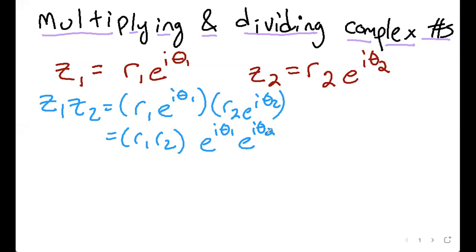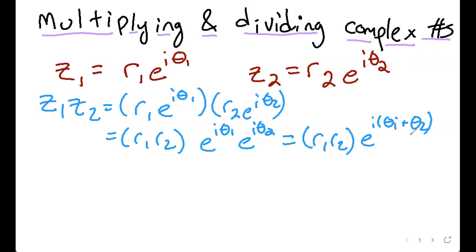How do we simplify that? Well, when we have two exponentials multiplied together, we add the corresponding exponents, and this just becomes e to the i theta 1 plus i theta 2, or e to the i times theta 1 plus theta 2.